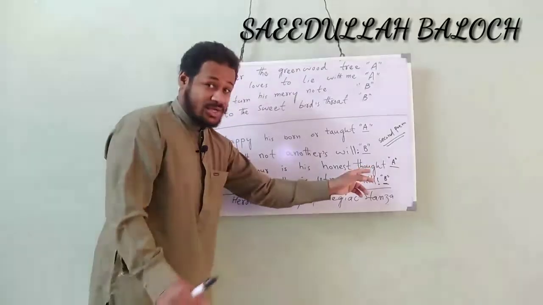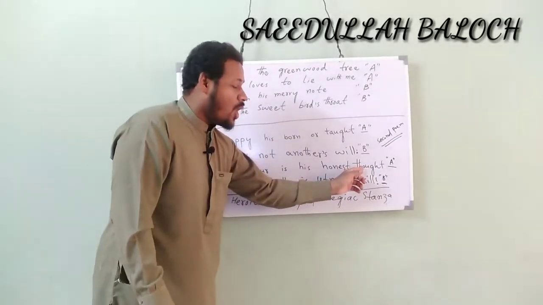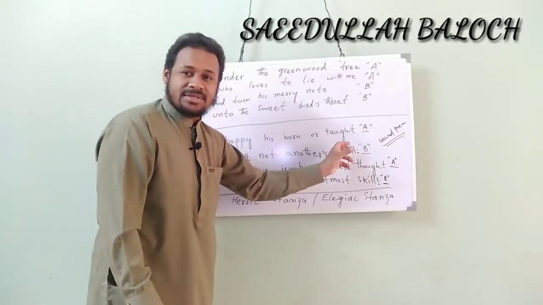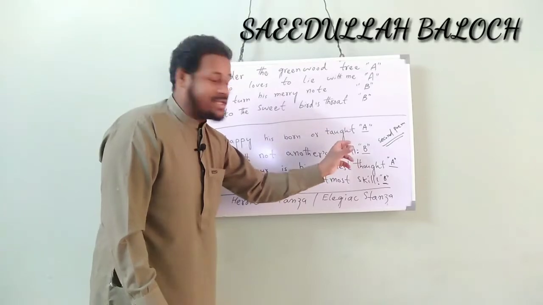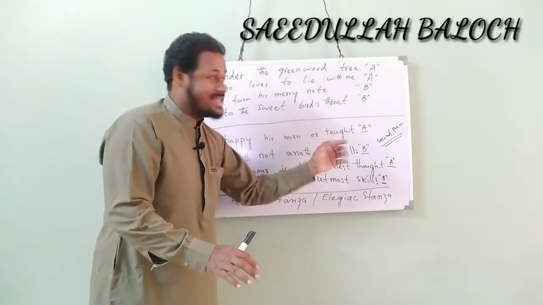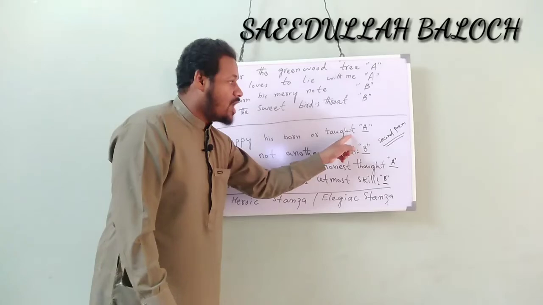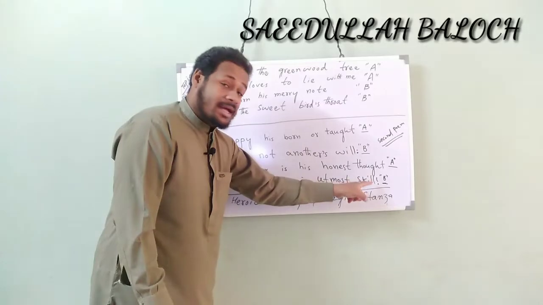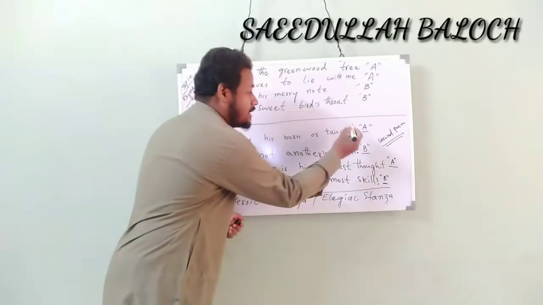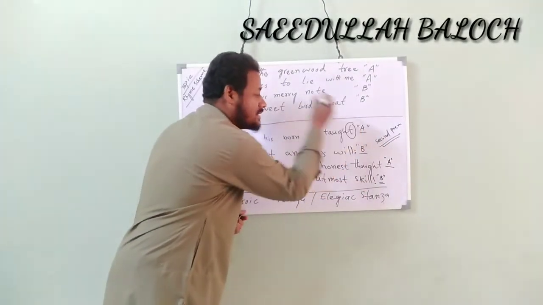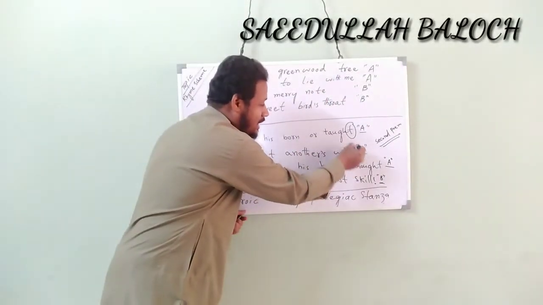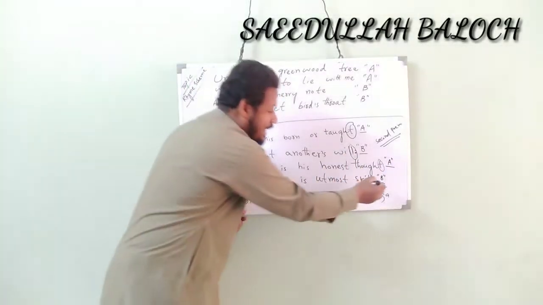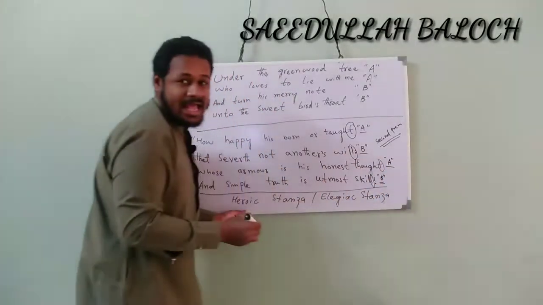Now look at it: thought, skill. If we judge its rhyme scheme, students, definitely we find some change from the upper one, like thought and will, A, B, because thought, T, will, L, thought, T, and skill, L.